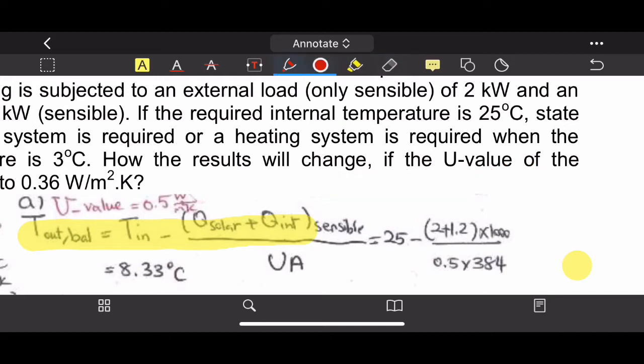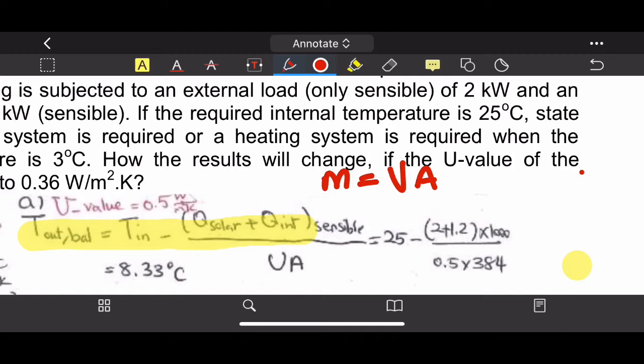Q equals m, and Cp is 1 because it isn't given there. I've discussed this: if it isn't given, it is 1, times T balance minus T in. We also don't know the mass, but we know that m is velocity times area, the surface area it moved through.